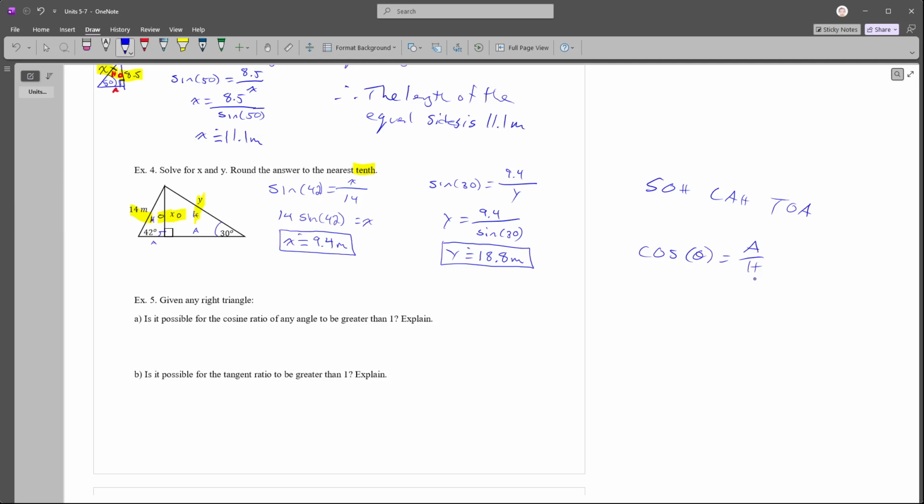We know that's impossible because h is our hypotenuse, and by rule, in a right angle triangle, the hypotenuse is always the longest side, which means it's impossible for the numerator to be bigger than the denominator. And therefore, we can never have a right angle triangle with a cosine ratio greater than 1. It is impossible.